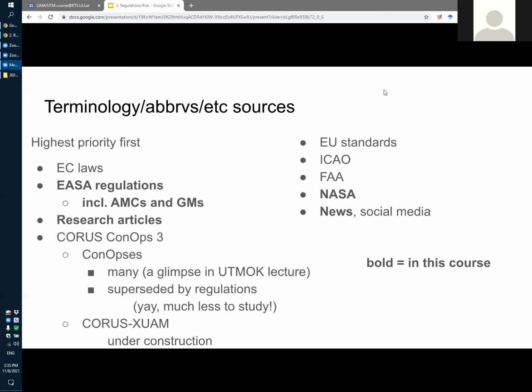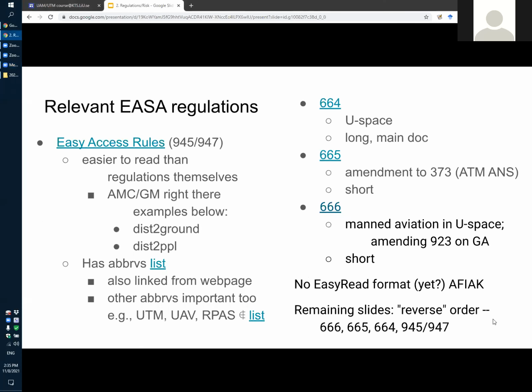I am using it. People report on what they have done. You look at the articles. It's not bad. You just have to understand that it's not the final word, that there are really different priorities and relevance of different sources. Hopefully, the main idea is that regulations are most important.